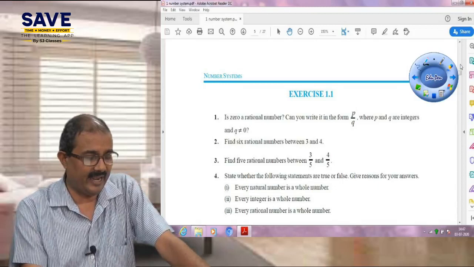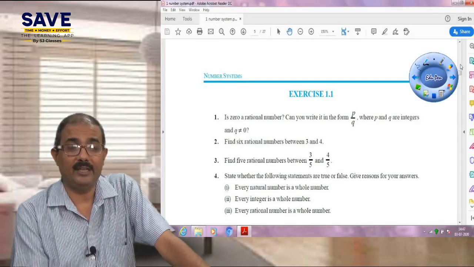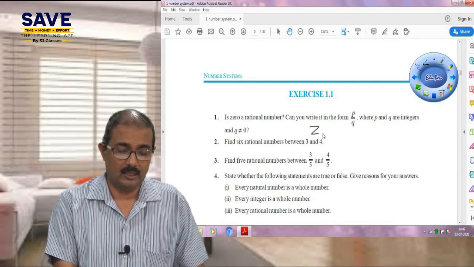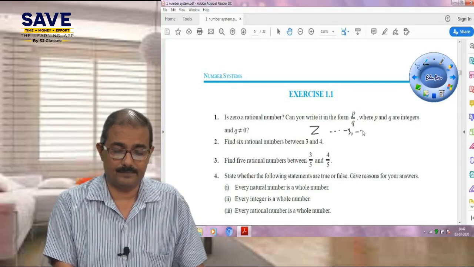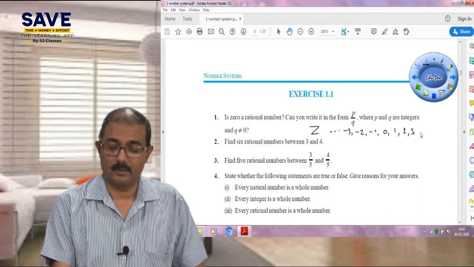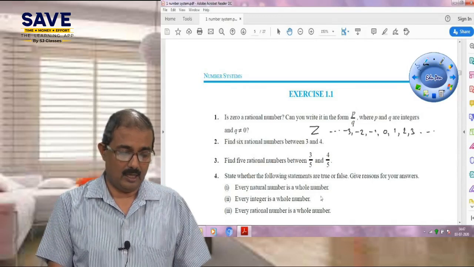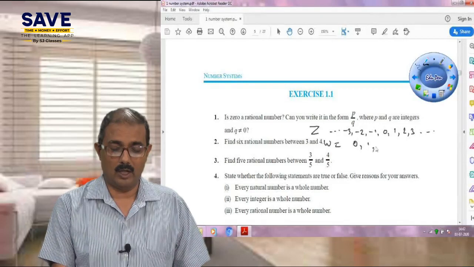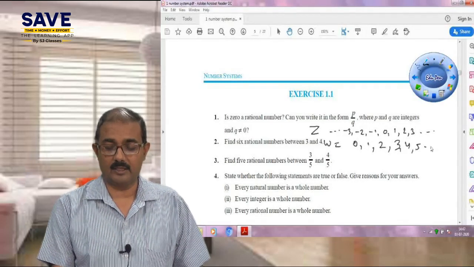Now in the second part, every integer is a whole number. So what are integers? We did this in the last lecture. Integers are negative numbers and positive numbers including 0. Whole numbers are 0, 1, 2, 3, 4, 5 and so on.